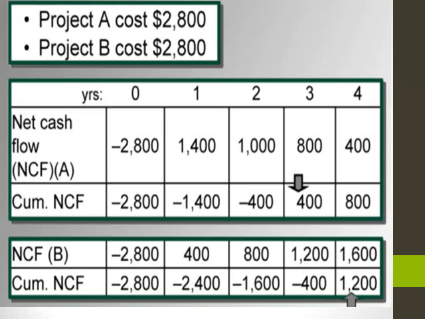Now I'm still in negative territory, and once again I'm adding the next year's cash flow, which is 1,200, and minus 1,600 plus 1,200, I get negative 400. And since I'm still in negative territory, I have to do it once again, and I add the next cash flow of 1,600. And now I finally get a positive number, I get 1,200, so my payback is going to be 3 years plus something.